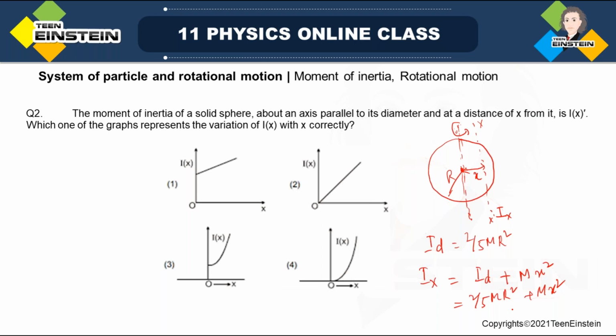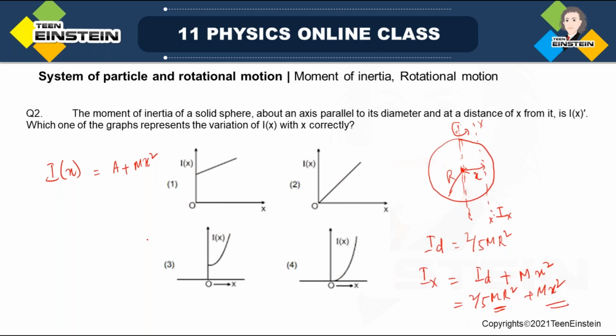So I of x is basically a constant term plus m x square. This particular term I can take as constant, because capital R is constant, m is constant, 2 by 5 is constant, and only x is varying.